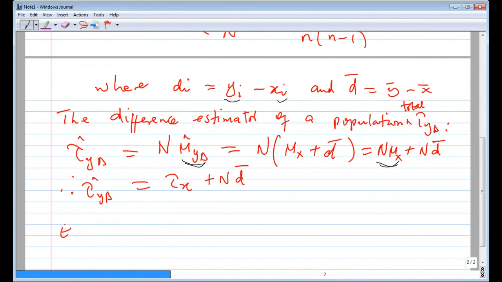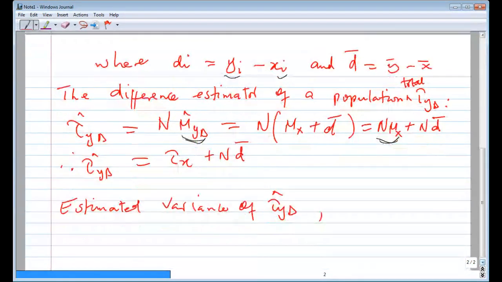So what we're saying is, the estimated variance of the estimated population total under difference estimation will be given by what? By var estimate of tau yd estimate. So which is equivalent to what?